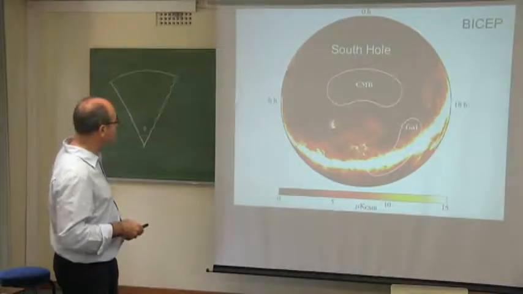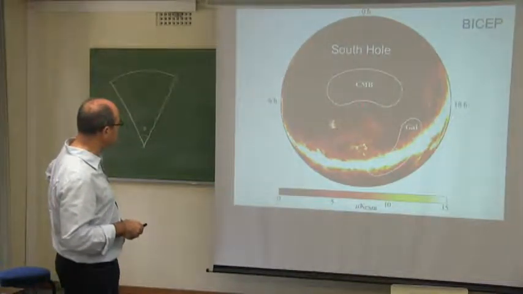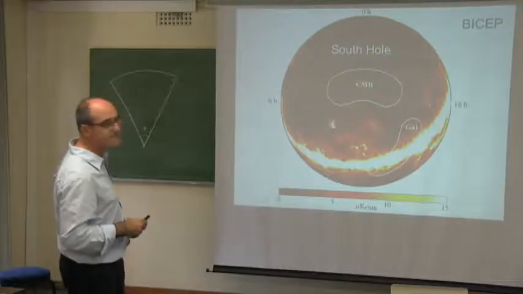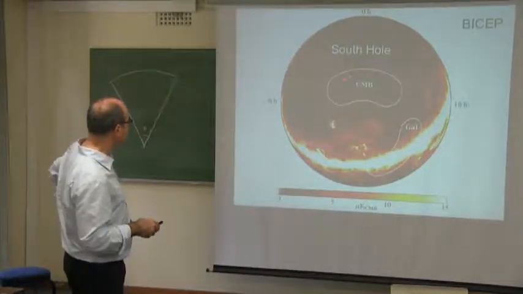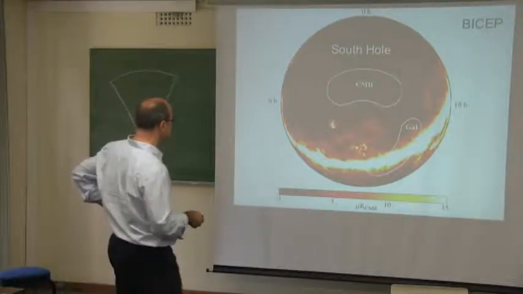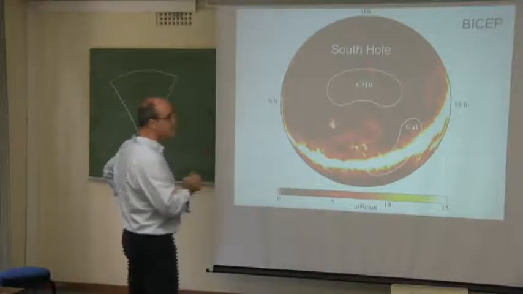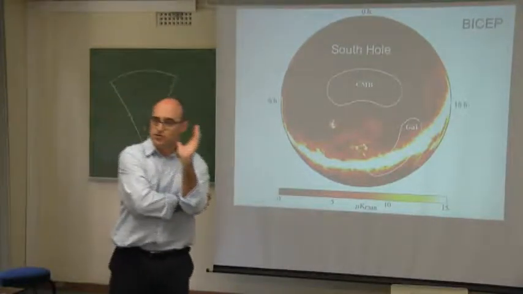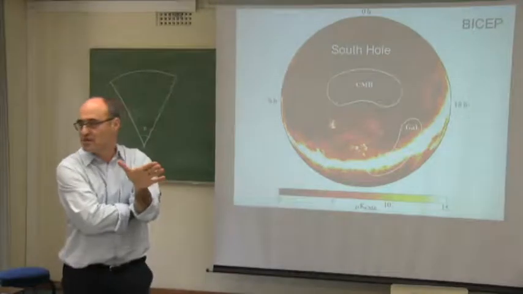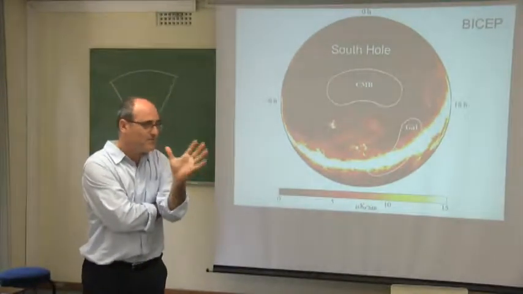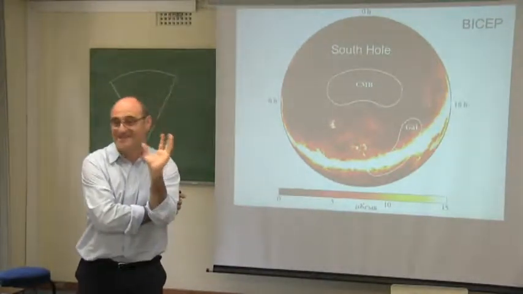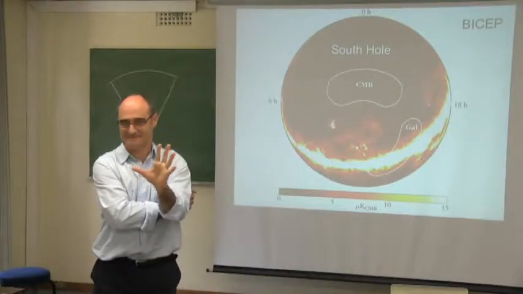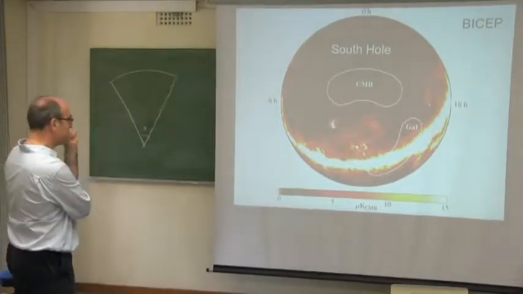In the case of BICEP, it looked at a region where the temperature fluctuations were particularly clean. So in this region, far away from the galaxy, one expected that it would have no significant contribution from, now we all know, the horror word dust, the dust in the galaxy. Okay? We've already been through it.